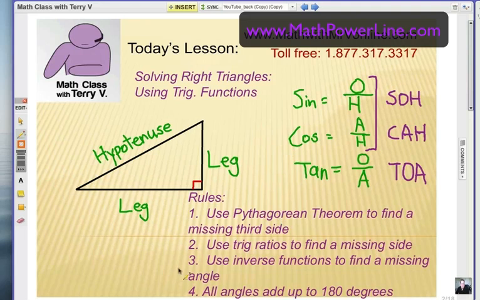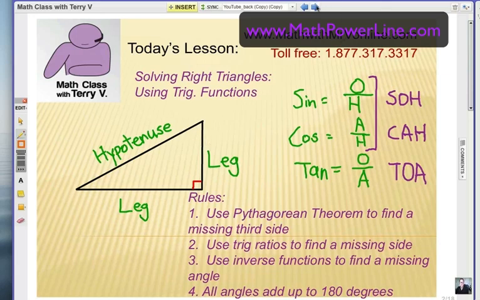Number three, we're going to be using inverse functions to find a missing angle. And I'll be looking at that in the next video. Number four, all angles add up to 180 degrees. You know that it's a right triangle, so one of the angles is 90. If you know the other acute angle, you can easily figure out the third acute angle.